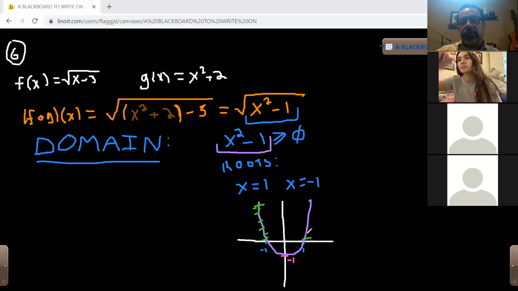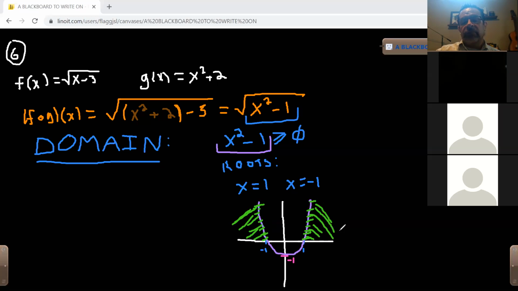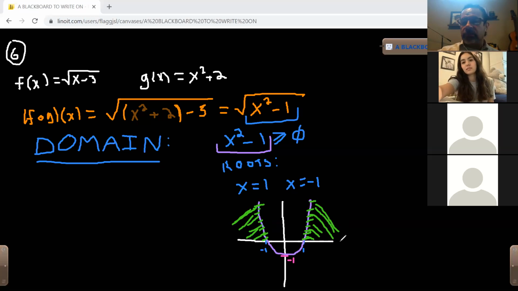And these values here. And so what would the domain of the function be if we're looking for values that are larger than 0?